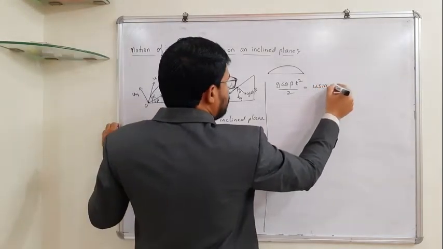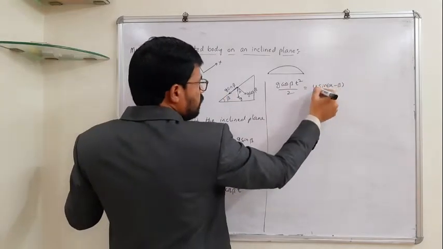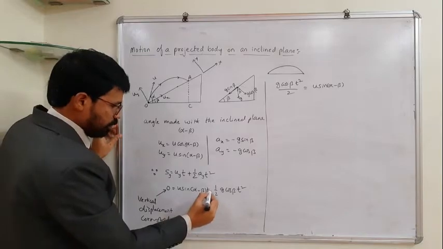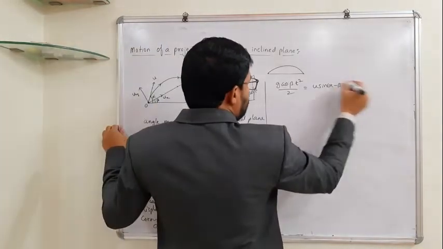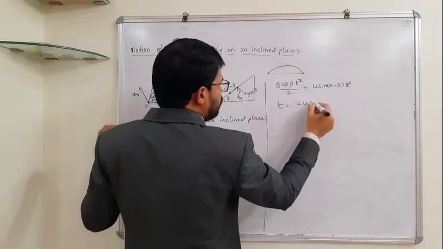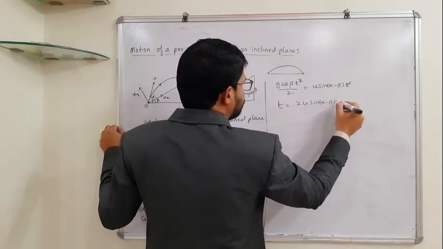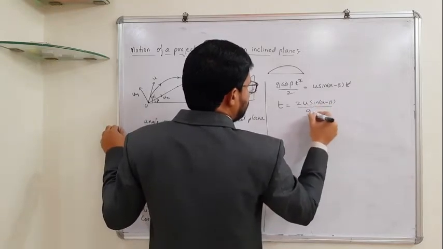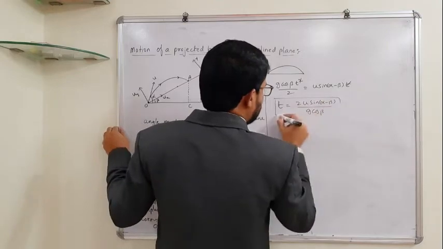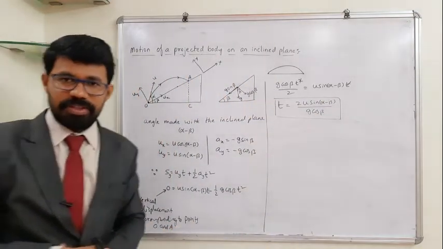Here t is also there. T gets cancelled, therefore t is equal to 2u sine alpha minus beta by g cos beta. So this is the expression for time of flight.